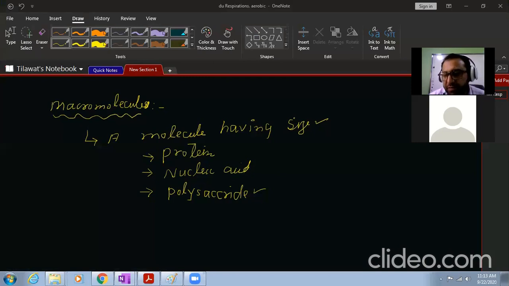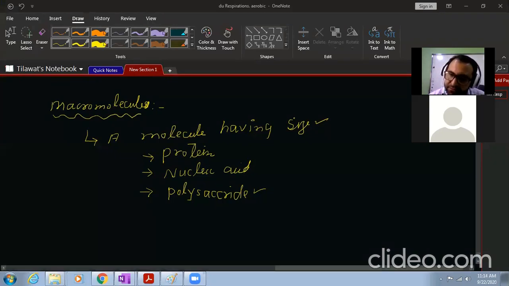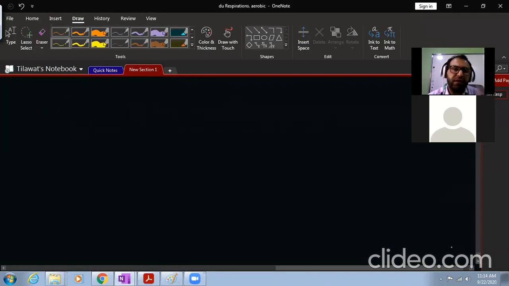Now how do these molecules form? These molecules form from small basic units. Let us discuss. Let's suppose I will write here. The first one, I am taking the example of carbohydrate.